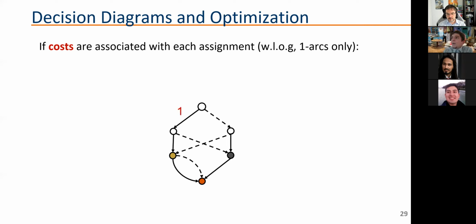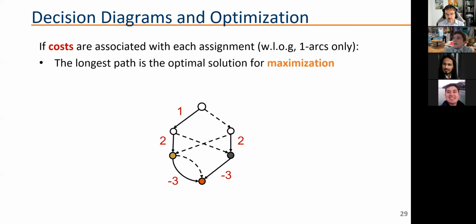If we do that, we can solve optimization problems over the decision diagram. Let's say, for example, that the 1 arcs for the first variable have a cost of 1, for the second variable have a cost of 2, and for the third variable have a cost of -3.